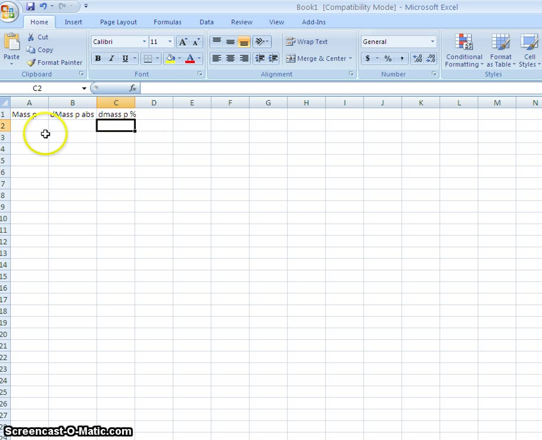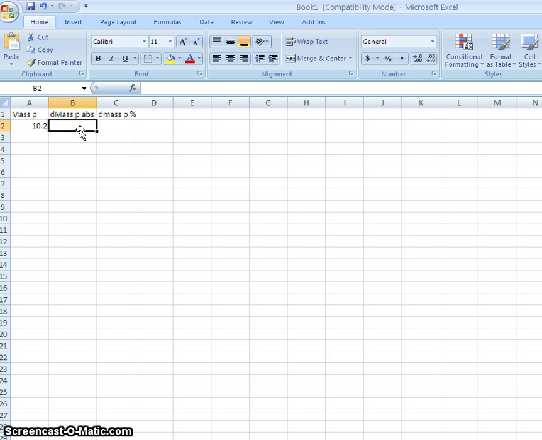Okay, so now I've got this set. Let's say I'm only going to put the first trial in at first here. Let's say I weighed the empty pycnometer and it was, let's make up a number, 10.2 grams. That's what I got in my experiment. I use the electronic balance for this, which has an absolute uncertainty of 0.01 grams. So I could just type in 0.01.